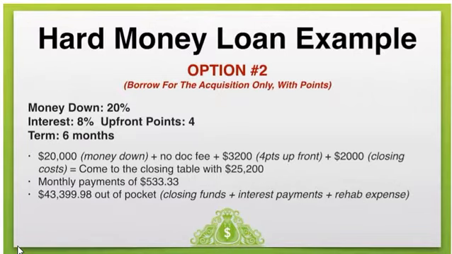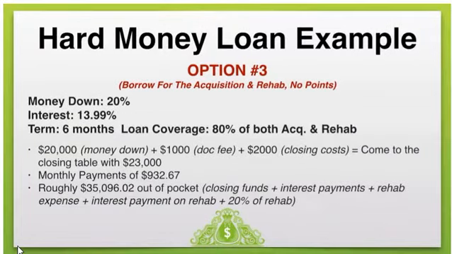So it's $20,000 money down plus no doc fee plus $3,200, which is about 4 points up front, plus $2,000, which is your closing costs, which means you're coming to the closing table with $25,200. Your monthly payments are going to be about $533 a month, and $43,399.98 is your out-of-pocket money, which is your closing funds plus your interest payments plus your rehab expense.